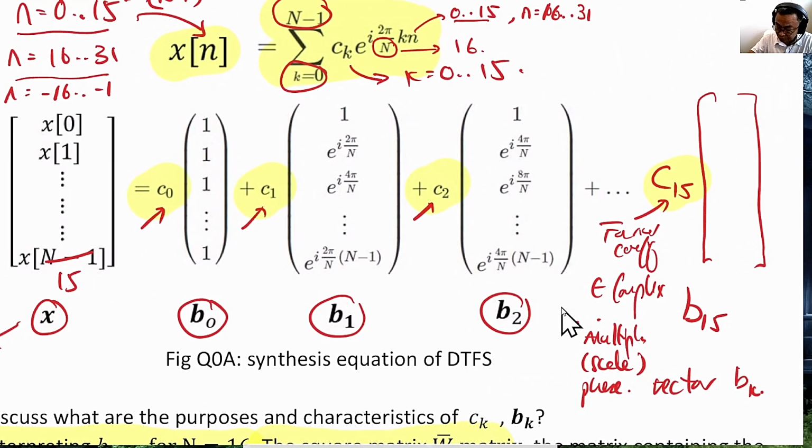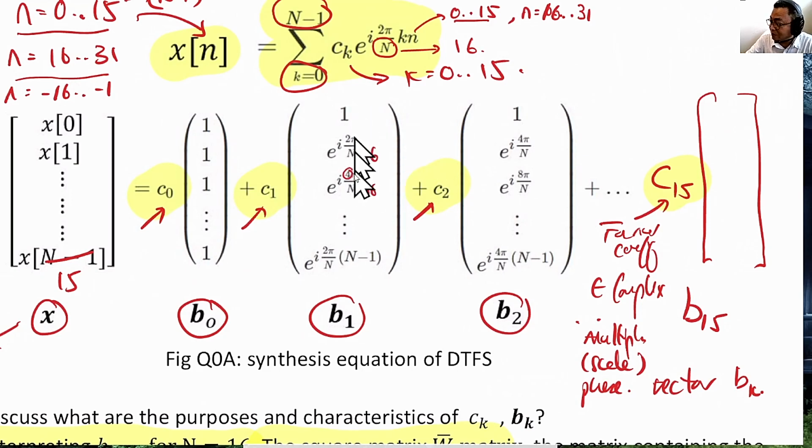Well, let's try this. If c0 is a value of 3, then 3 multiplied by all these 1s, these vectors will become all 3s. What about introducing 3 here? If we have 3, the first one will be 3, the second one will be 3 e^(j2π/16), in this example 16, and this guy, still 16.